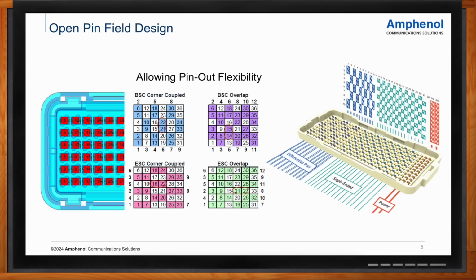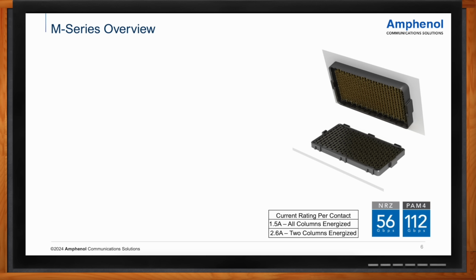So, can you also give us an overview of the M series as well? Yes. So we're talking about MEGArray and M series today because they're sister products. And so the M series connector is a next generation MEGArray connector, leveraging a lot of the best attributes of MEGArray and then building in some new learning, some new advancements that we've developed for this connector.